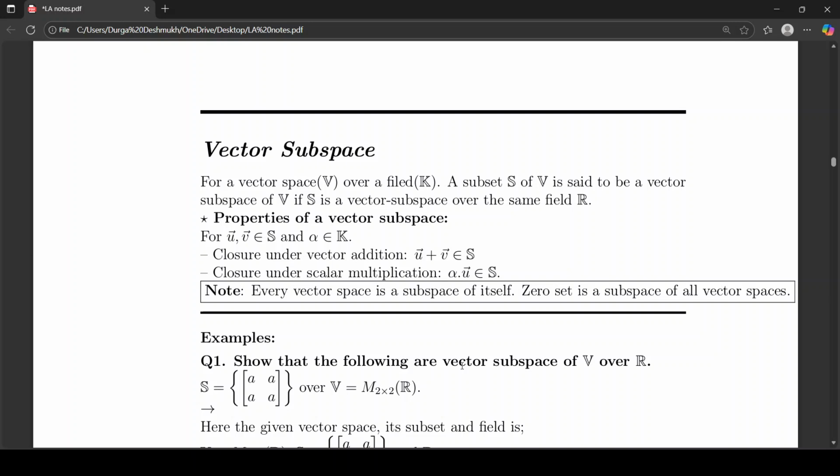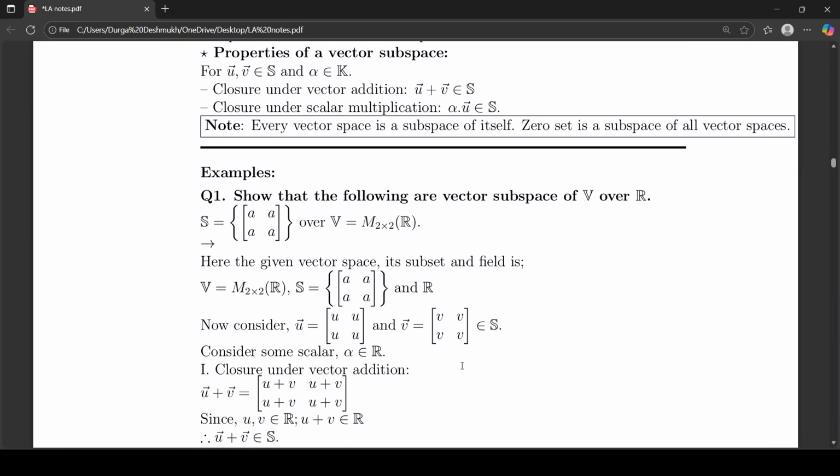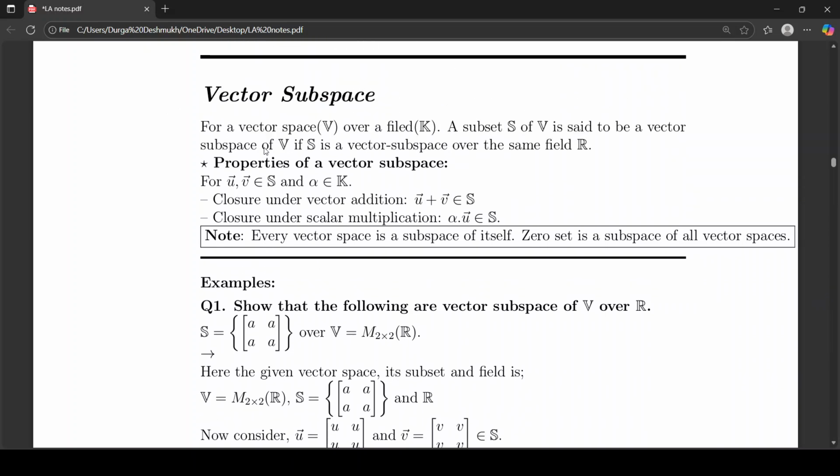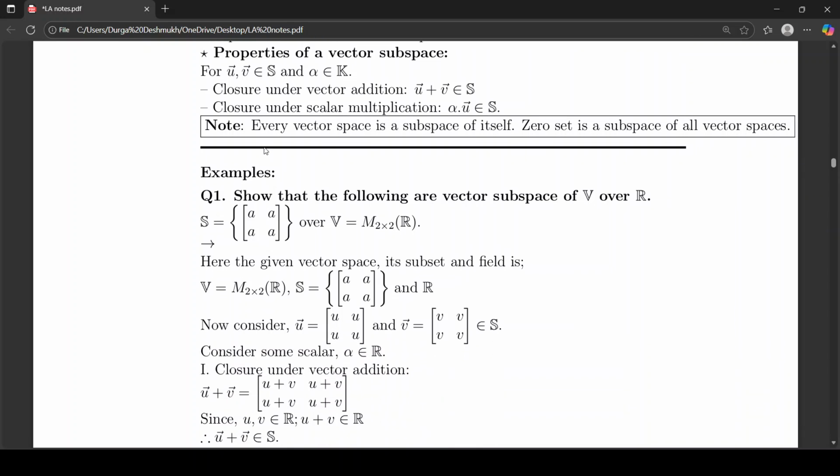Okay, so properties of vector subspace: it should satisfy closure under vector addition and closure under scalar multiplication. These two properties are enough to prove whether the given set is a vector subspace or not.